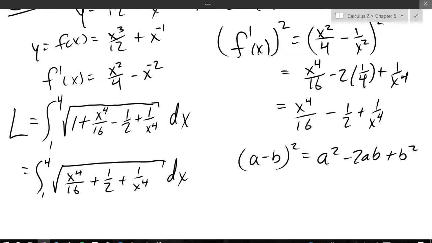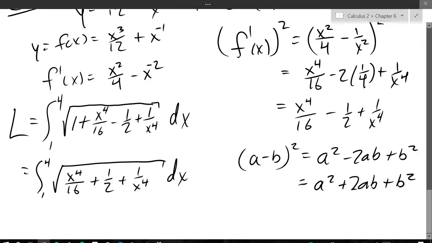What changed from this f prime squared down to what we got right here? Not very much changed. So that middle term became positive. So what if I write a squared plus 2ab plus b squared?